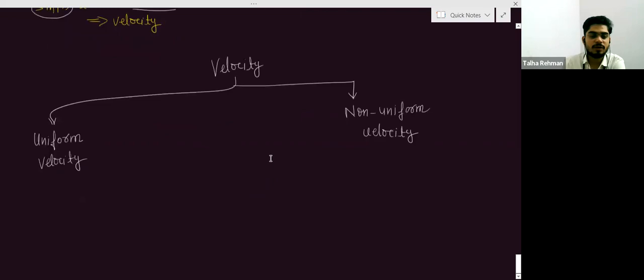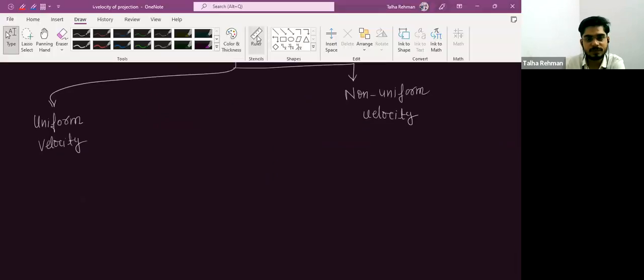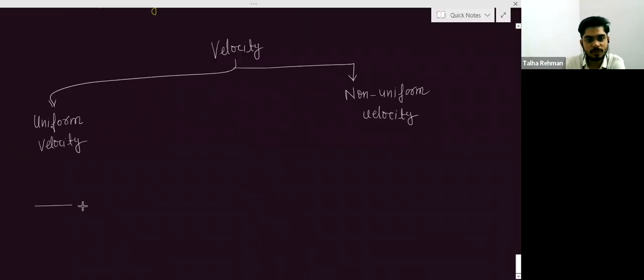Acha, take one example. You are moving on a straight line and suppose this is the east direction and you are here. You are moving with 10 meter per second along east.